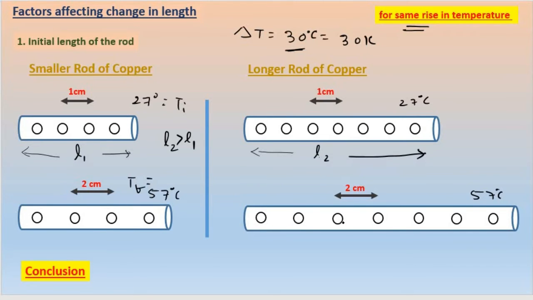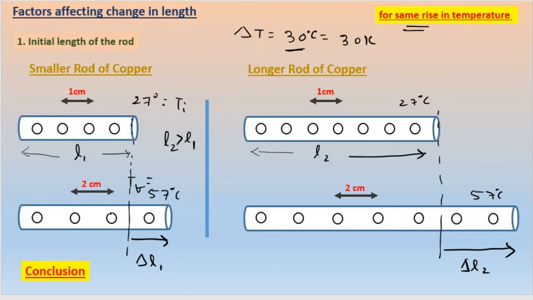Since the material is same, this gap also becomes 2 centimeter. So this rod increases in length by this much amount, whereas this rod increases in length by a longer amount. Let me call this delta L1 and this delta L2, where delta L1 and delta L2 are the change in the length, the increase in the length.